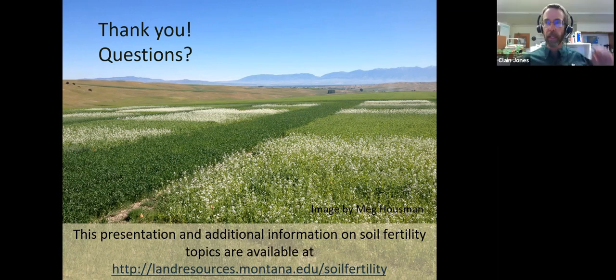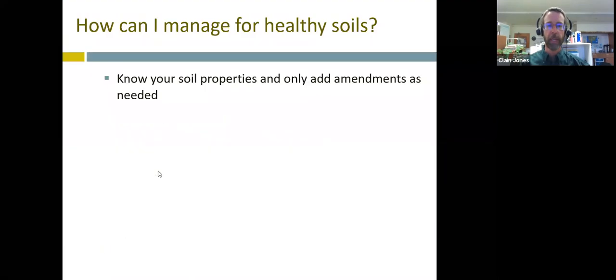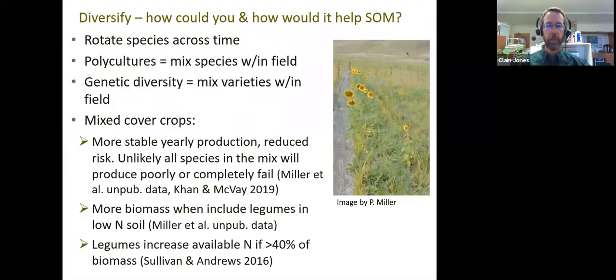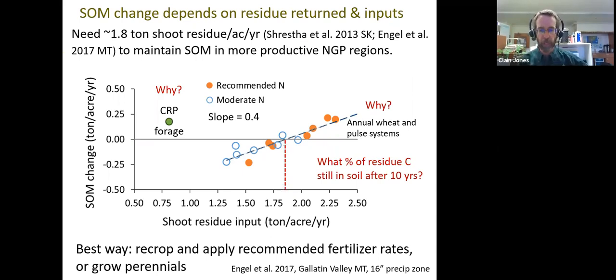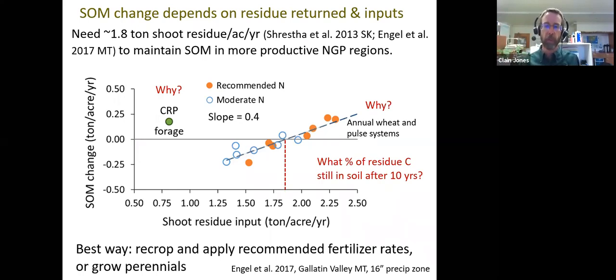I'd like to dig deeper on that topic. Sure. So let's go back to this graph here. If we look here, this being the break-even point, if you have to return 1.8 tons per acre per year, that means there's 1.8 tons per acre per year of residue plus soils that's being respired, meaning microbes are using it and putting CO2 back.